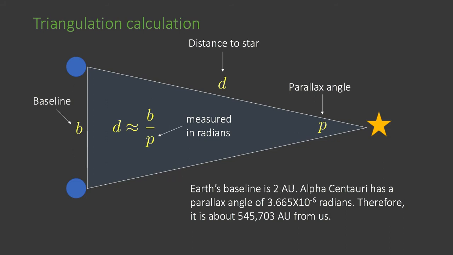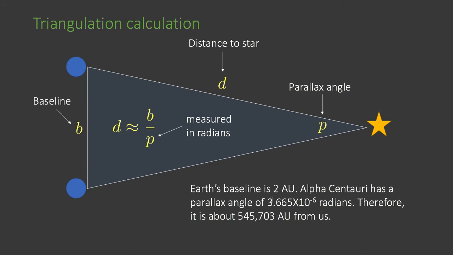The Earth's baseline is 2 AU, because the Earth's orbit is 1 AU from the sun, and so it's 2 AU fully across. Alpha Centauri has a parallax angle of 3.665 times 10 to the minus 6 radians. It's just an incredibly small parallax angle. This is why ancient astronomers weren't able to detect it.